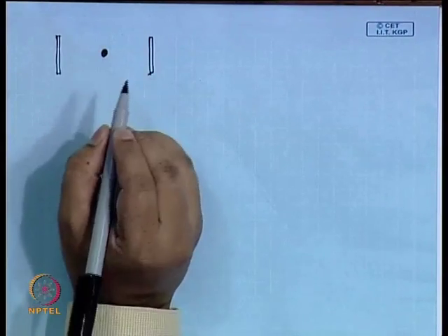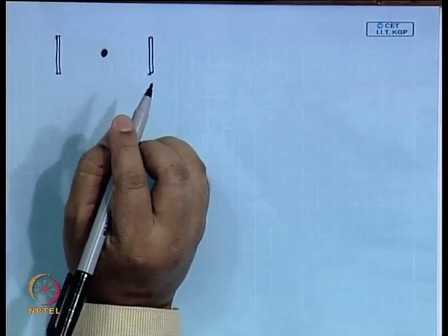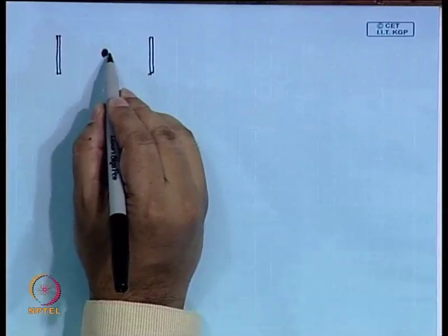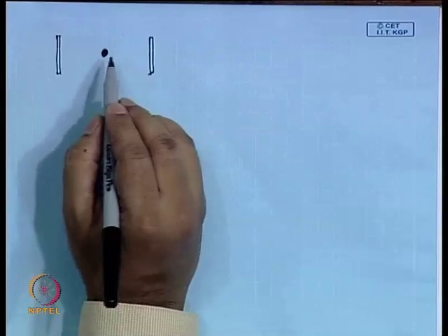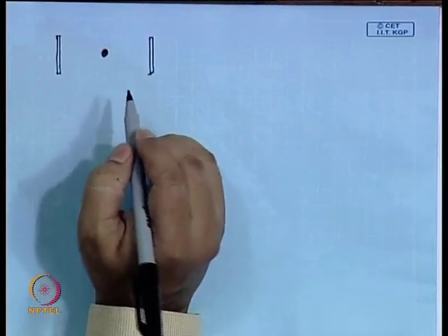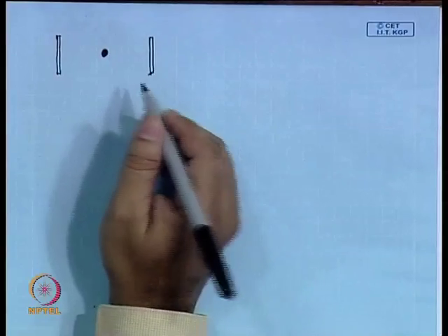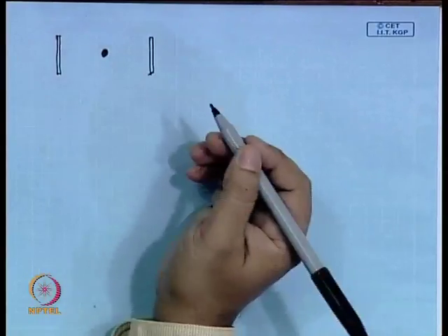This particle is defined with a charge on it and a size, and depending on the charge and the size, the particle would be pulled towards one electrode. That is the idea here. Obviously, you will appreciate that if the charge is highest and the size is smallest, the particle will attain the highest velocity.